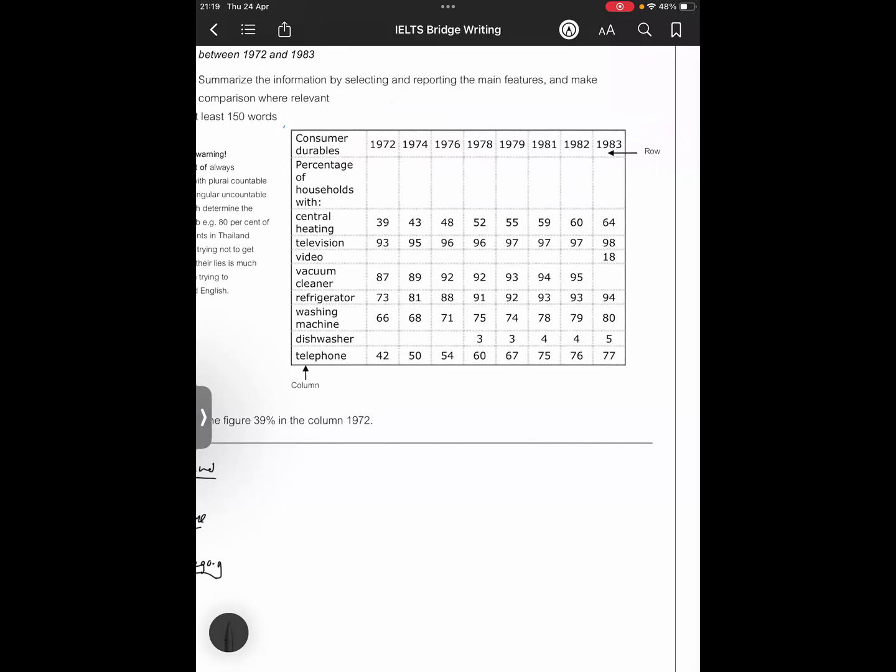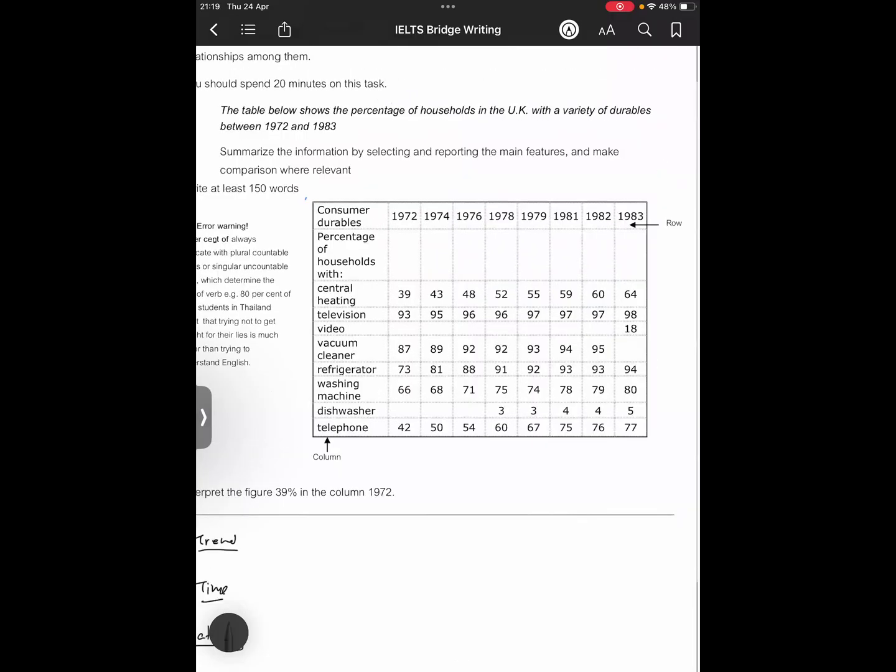If we look at the first item here, we see that the rate of consumption, I mean the percentage of ownership, has a positive slope. It went from 39 to 64. So that is positive.